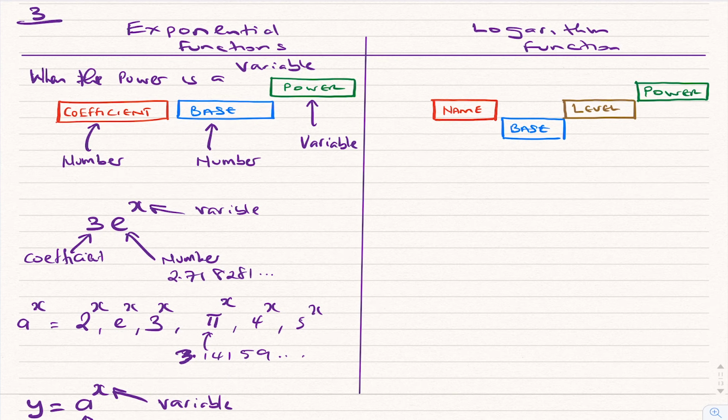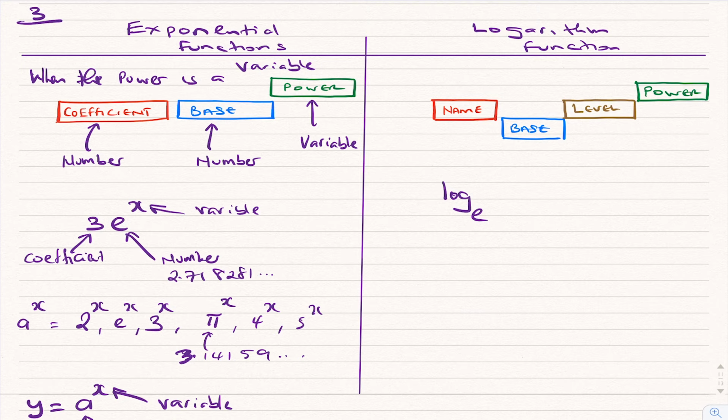A logarithm function, on the other hand, has the name, which is log, and the base, which is a number. It would be maybe e, because e is a number, and it will have a level, which is a number or a variable.